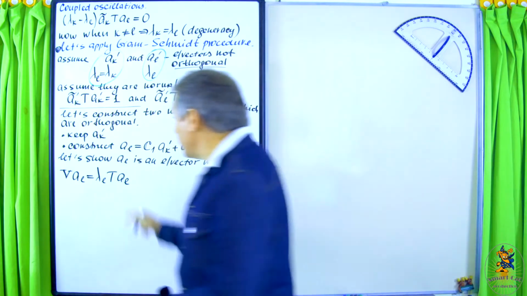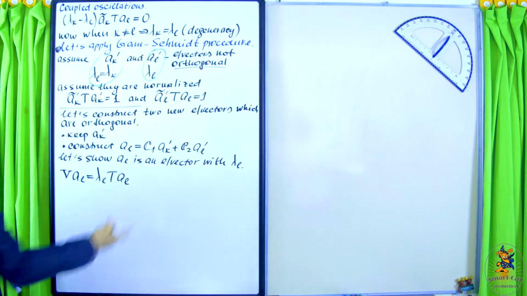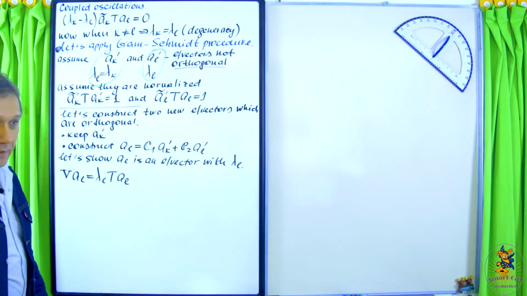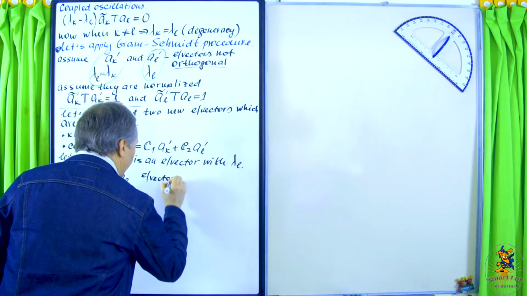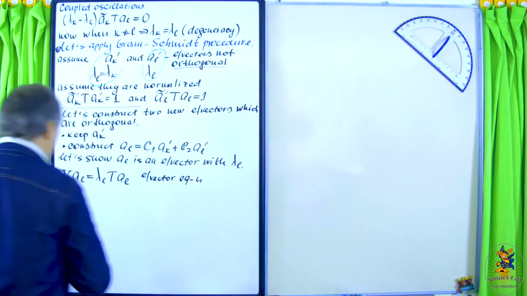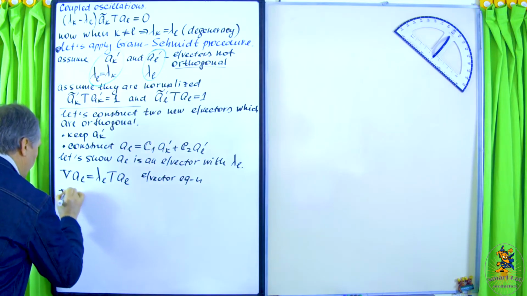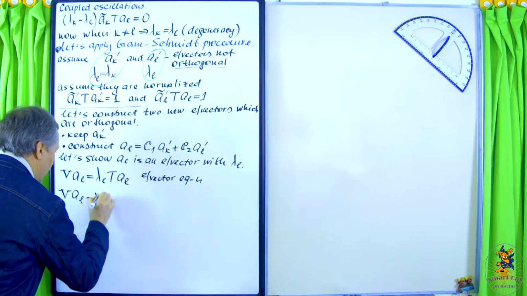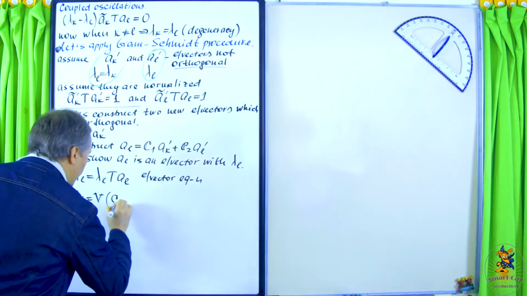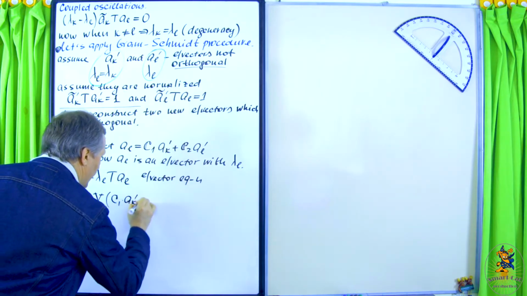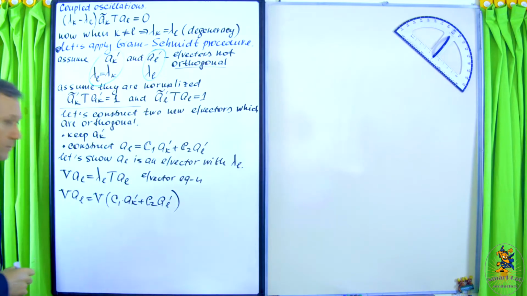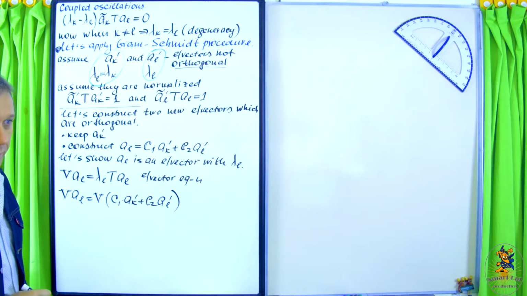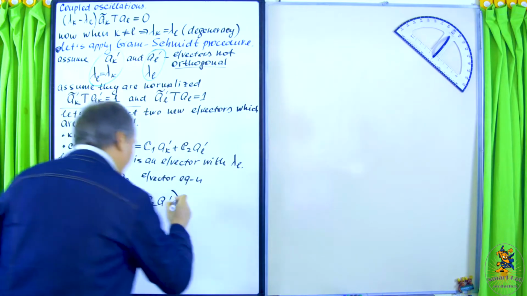So if a_l satisfies that, then yes, it's an eigenvector with eigenvalue lambda L. Let me again emphasize, it's an eigenvector equation. Okay, so let's start from this side. V a sub L will be V acting on our construction, C1 a_k prime plus C2 a_l prime. Okay, so it's a procedure, you see, quite straightforward, and it's more or less obvious that it's an eigenvector.